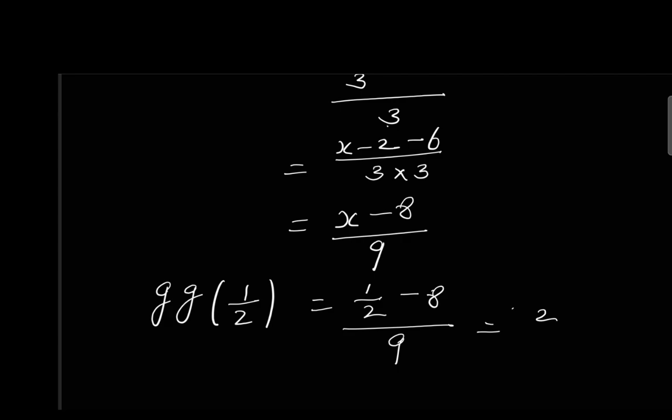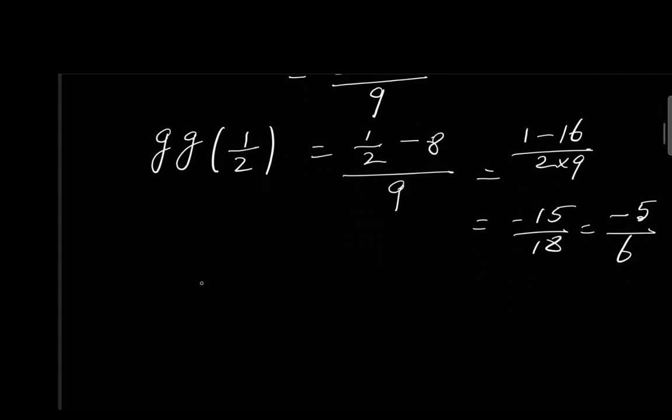Here take 2 as the LCM. 1 minus 8 twos are 16. The denominator 9 you join with this 2, so this is −15 over 9 twos are 18. See, 3 is common here. 5 threes are 15, 6 threes are 18. So g(g(1/2)) is equal to −5/6.